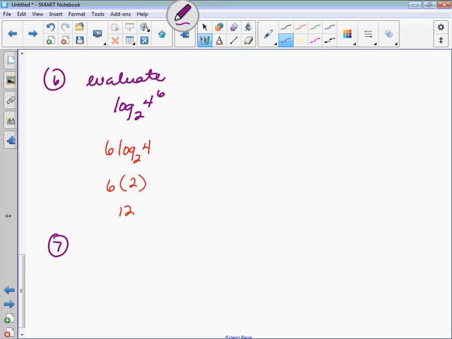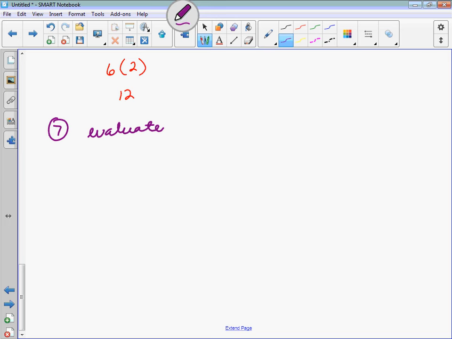Alright, so let's try another one of those. Let's say we've got log base 3 of 27 to the 5th.